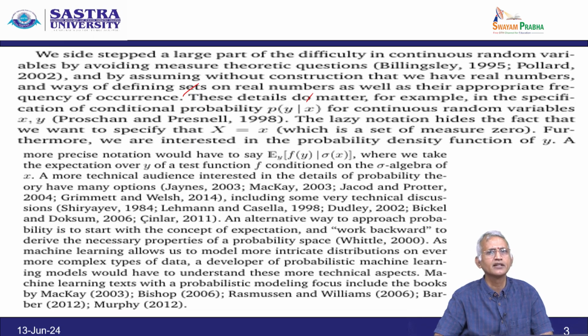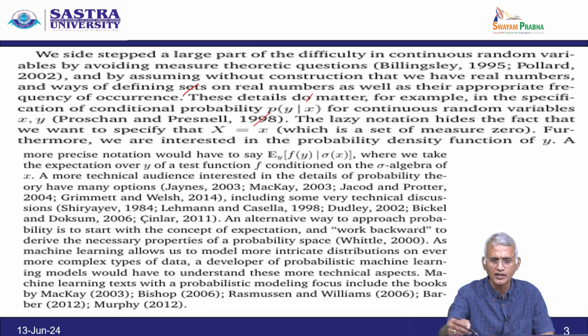The lazy notation hides the fact that we want to specify X equal to x, which is a set of measure 0. Furthermore, we are interested in the probability density function of y. A more precise notation would have to say the expectation of f(y) given the sigma algebra of x, where we take the expectation over y of a test function f conditioned on the sigma algebra of x.